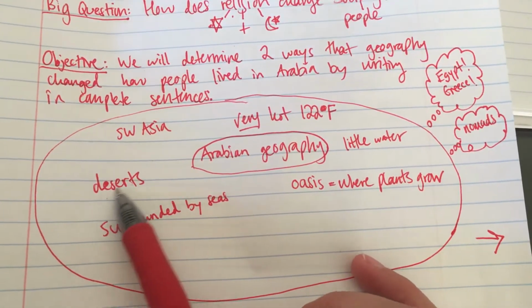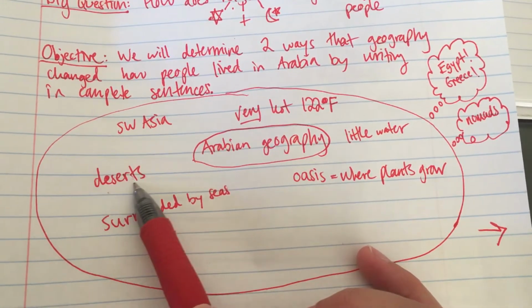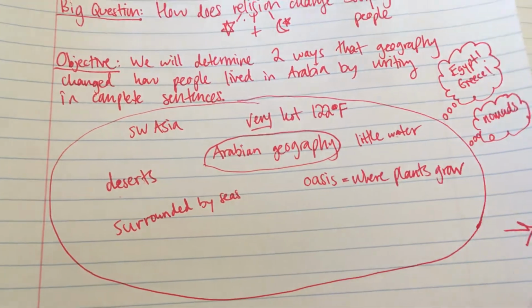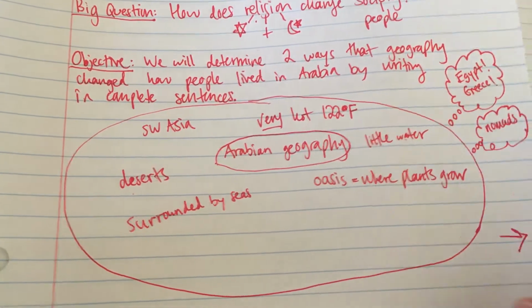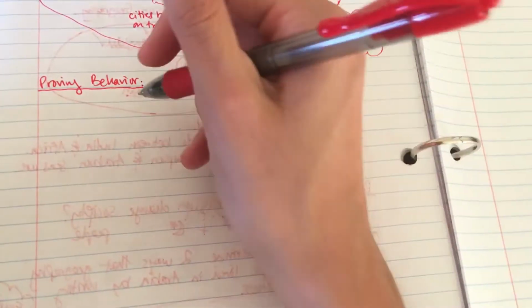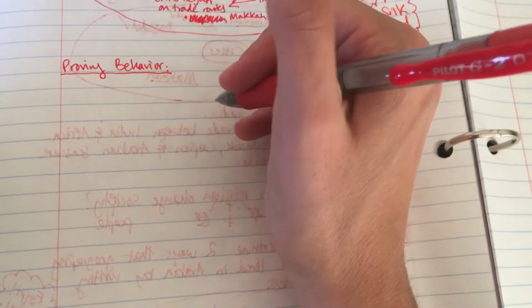One of the big things about their geography was that they were deserts, right? And that meant it was very hot with little water. And it meant there were only some places like oases where plants could grow. So I definitely want to make sure I write about that first, because that seems to be what most of the area was like.